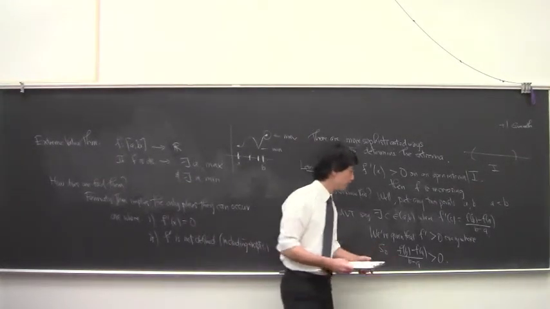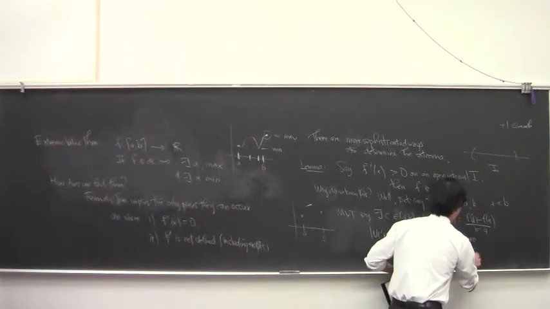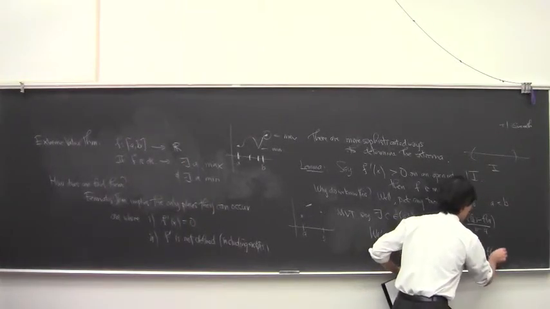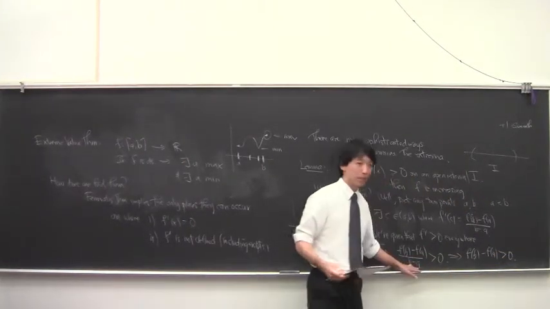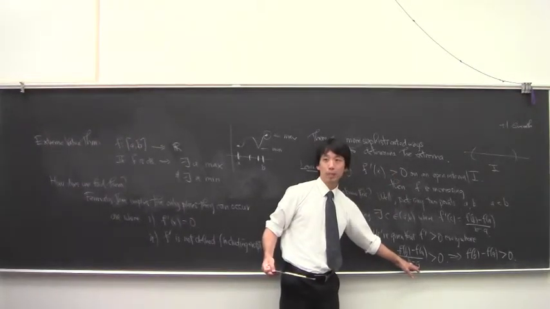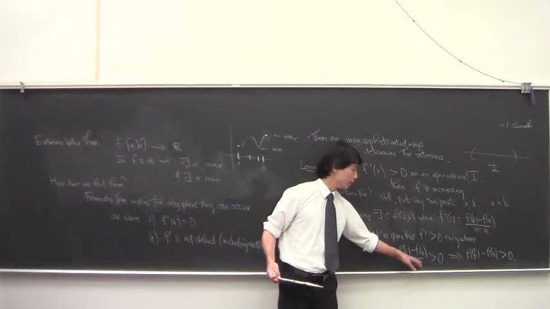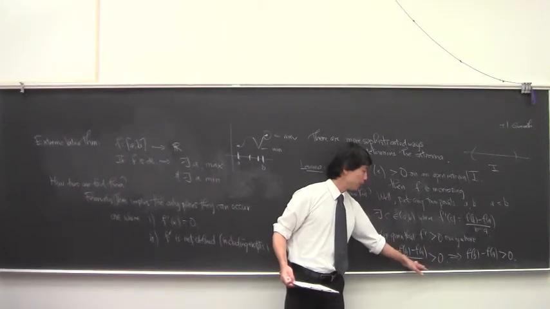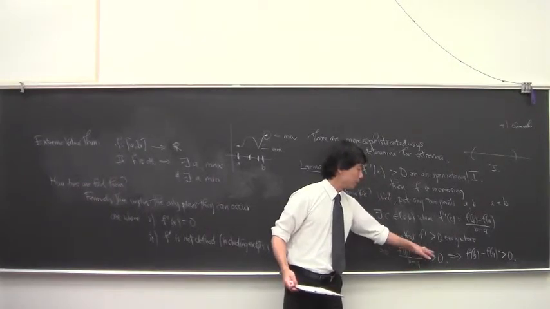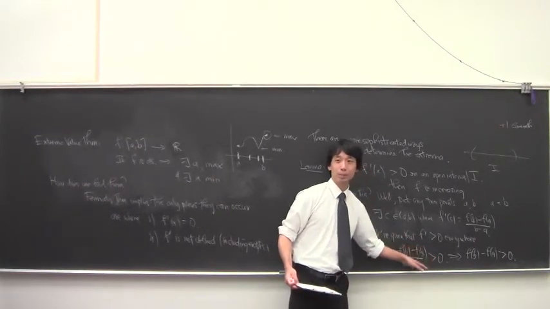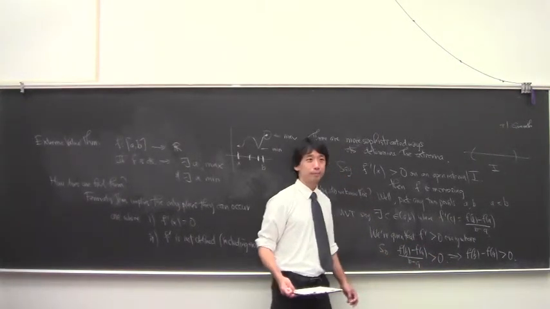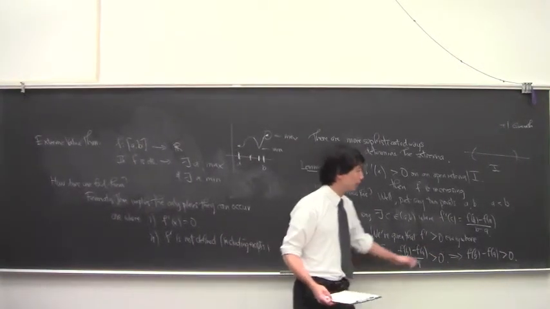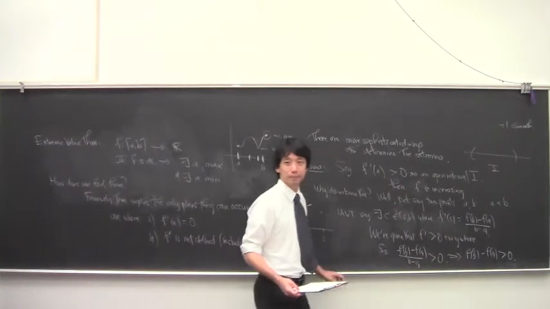And so f of b minus f of a must be positive, because b minus a is positive. If we multiply on both sides by that, we get that f of b minus f of a is some positive number times a positive number. In other words, f of b is bigger than f of a.